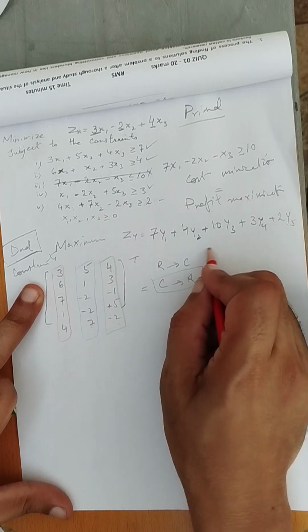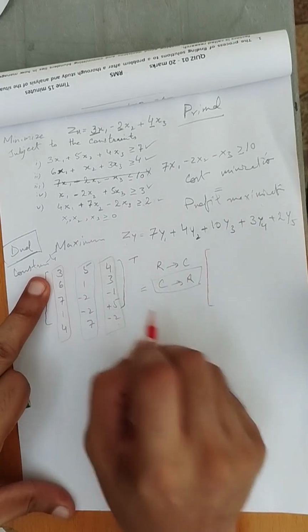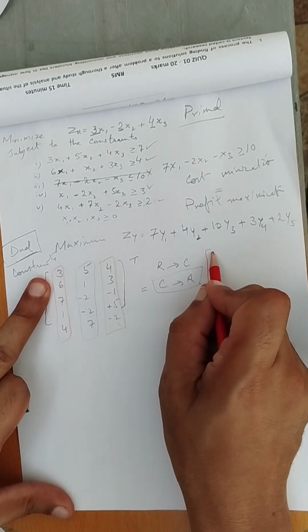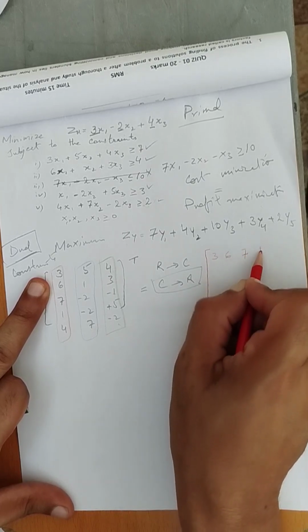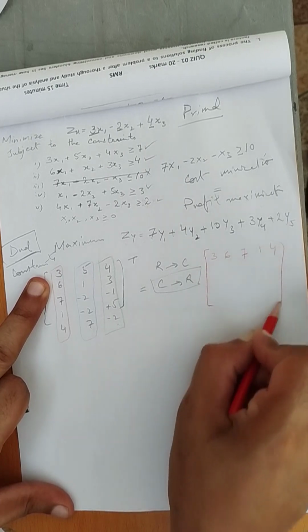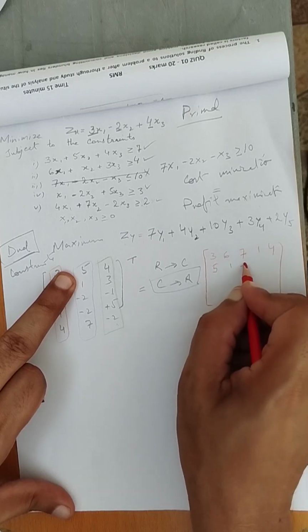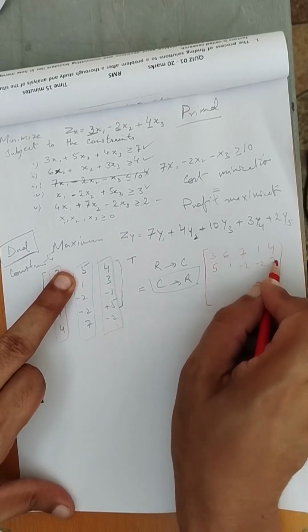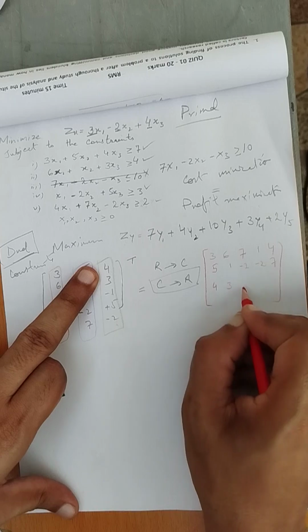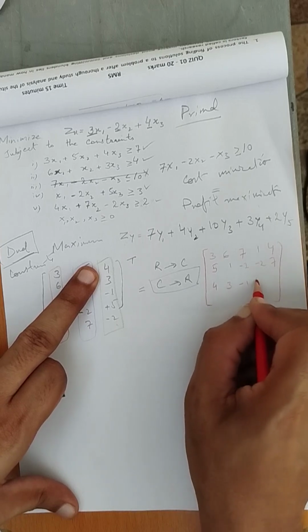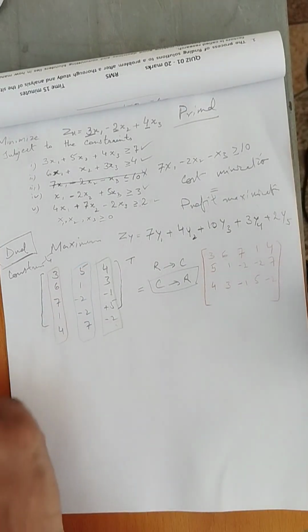In the transpose, this is the column. We are converting it into row. 3, 6, 7, 1, 4. Okay. Next column is 5, 1, -2, -2, and 7. Next column is 4, 3, -1, 5, -2. Okay, so this is done.